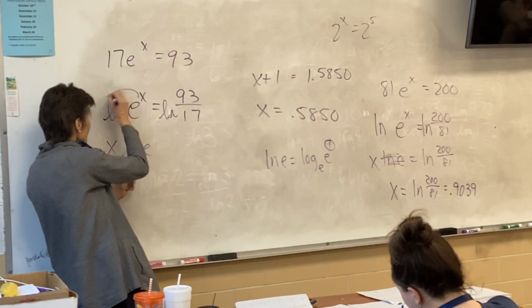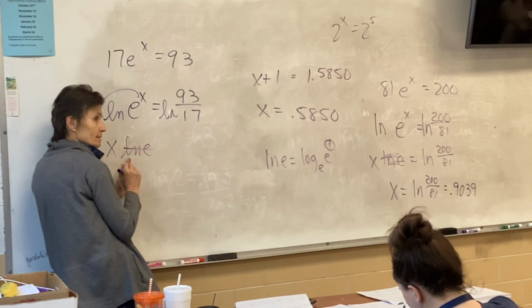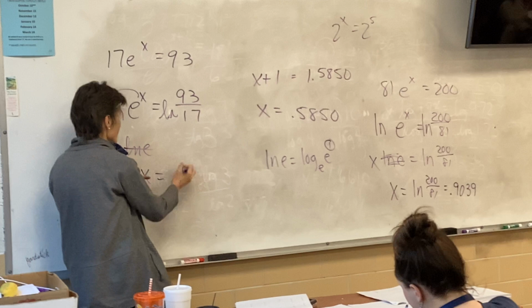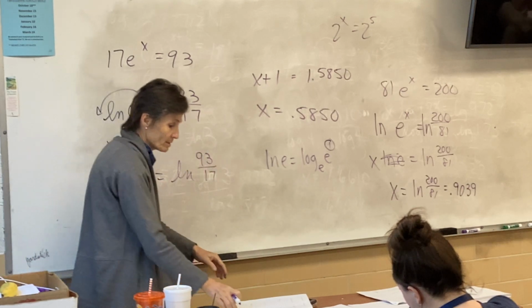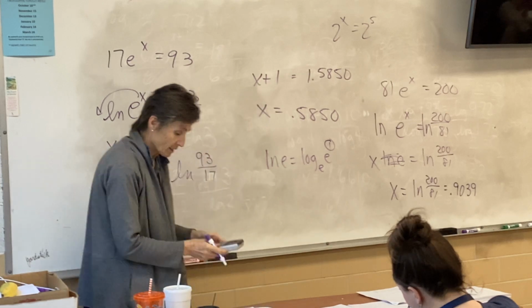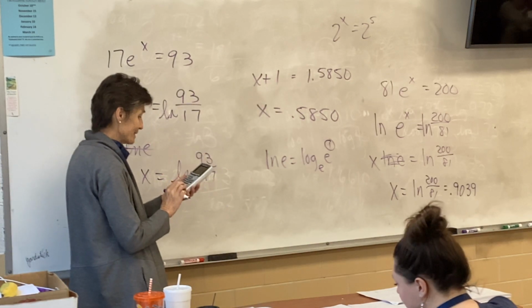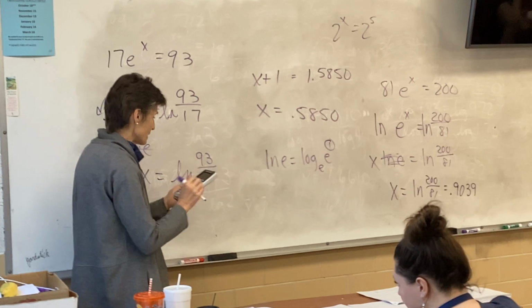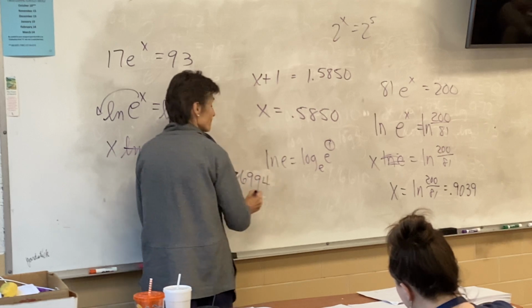When I bring this out in front, what do I have right here? I have a 1. You're gone. So x equals the natural logarithm of 93/17. And that will be ln 93 divided by 17, 1.6994.